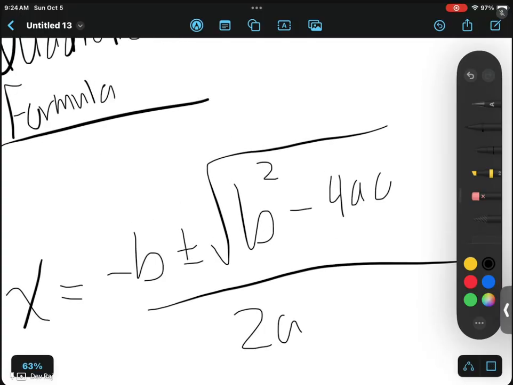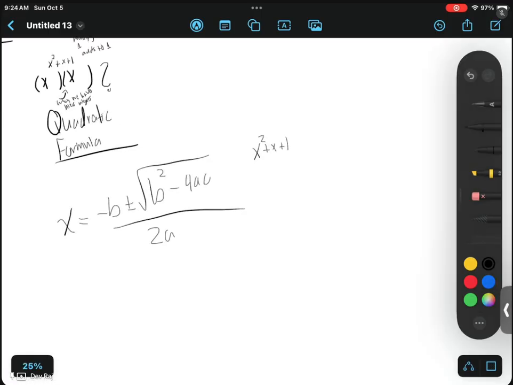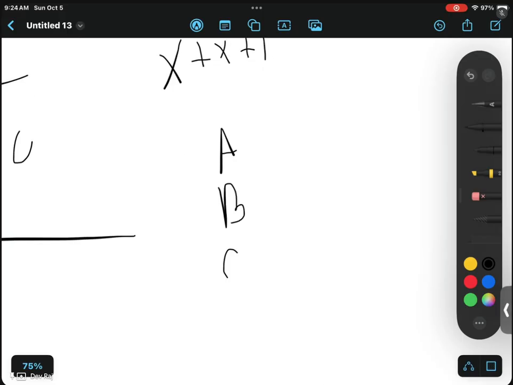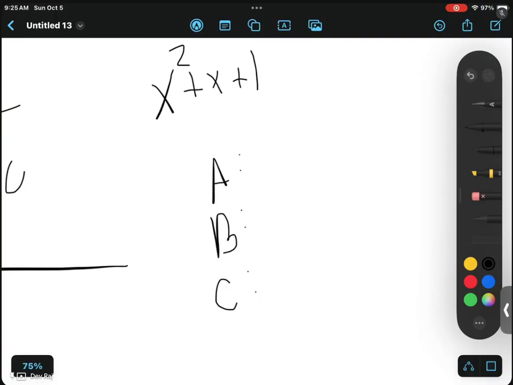Okay, so let's look at our original equation, which was x squared plus x plus 1. I want you to identify the a, b, and c values. Do you know what the a, b, and c values are? But remember, we can only put numbers.